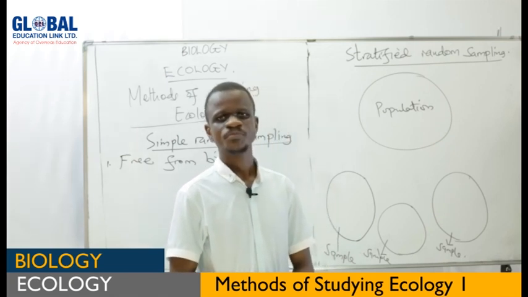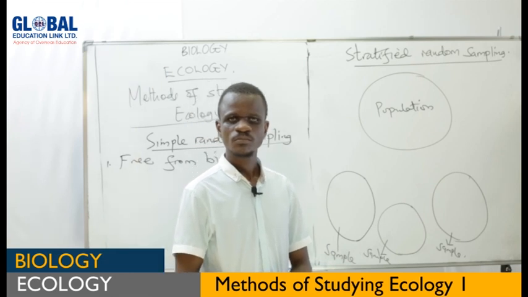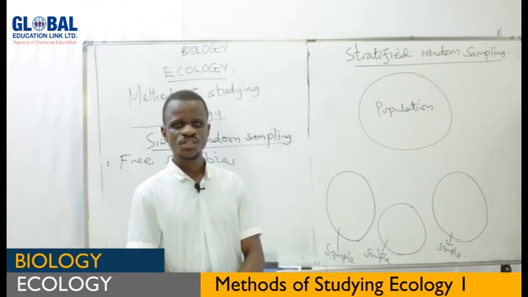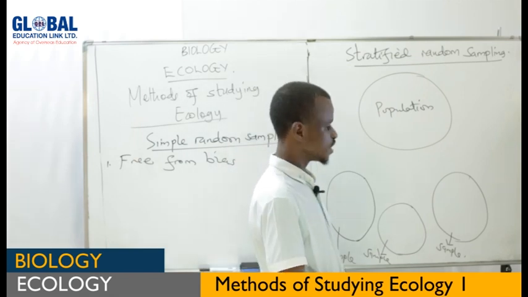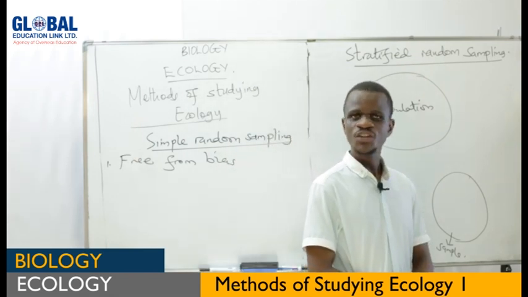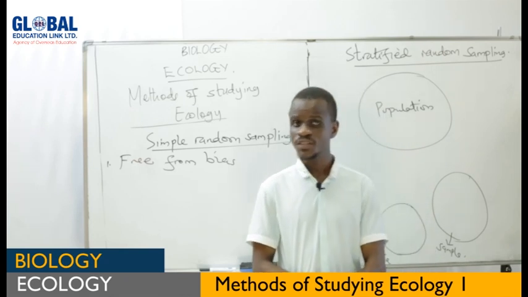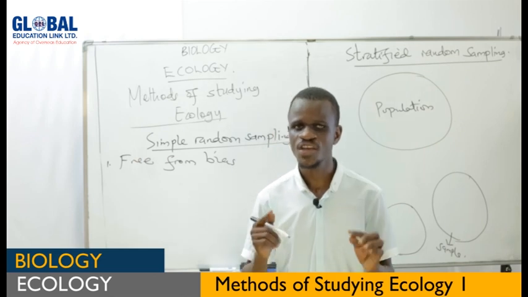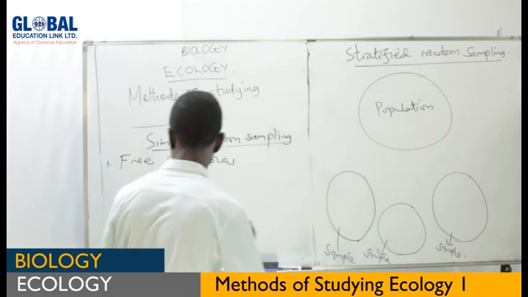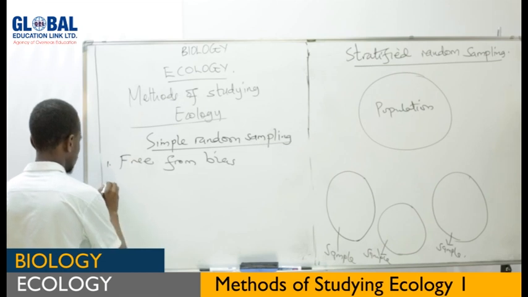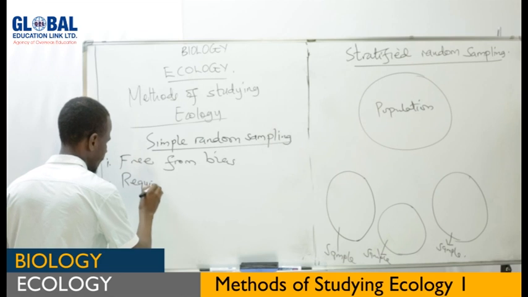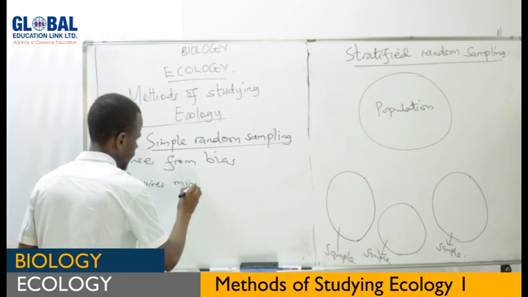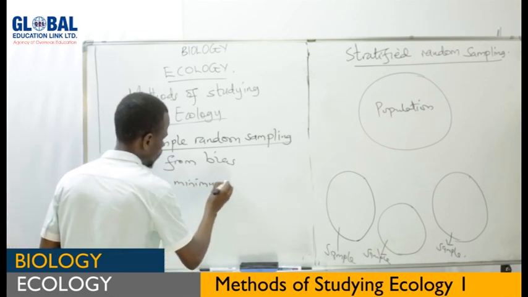My student, does this method require much knowledge? Really no. Because every individual in a population has an equal chance of being selected. Therefore, it requires just a minimum knowledge. Therefore, number 2 here, this one requires minimum knowledge.